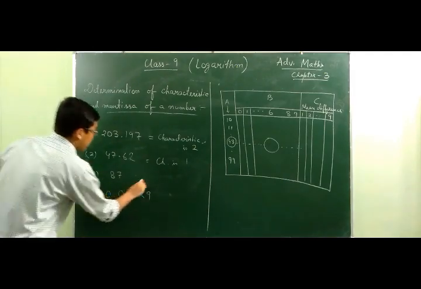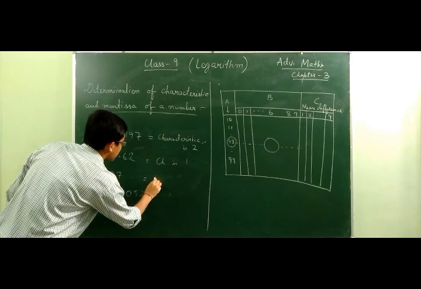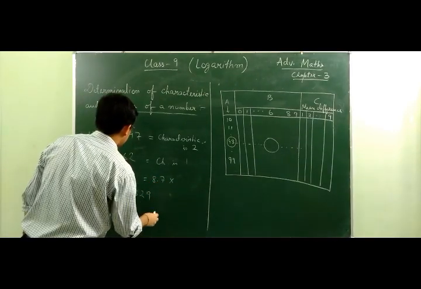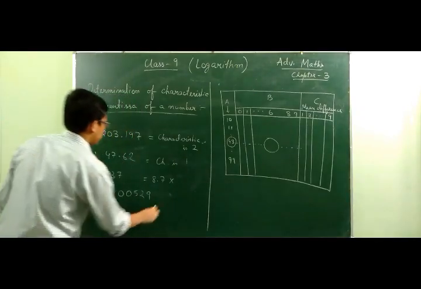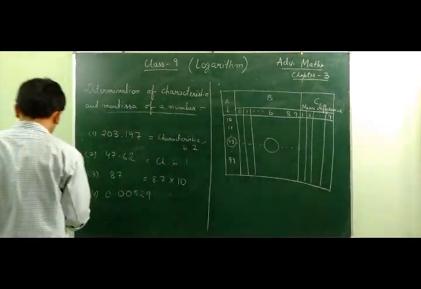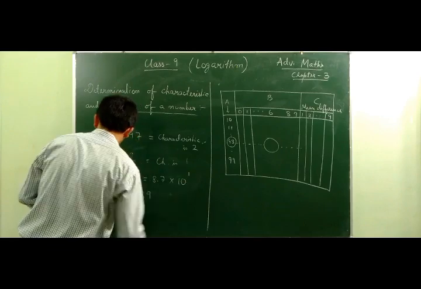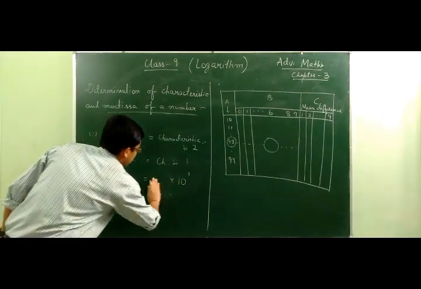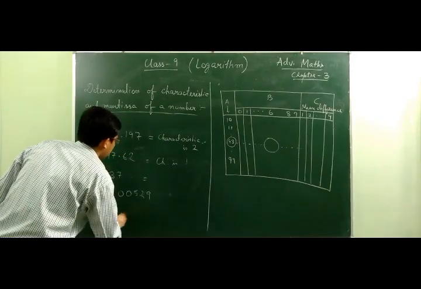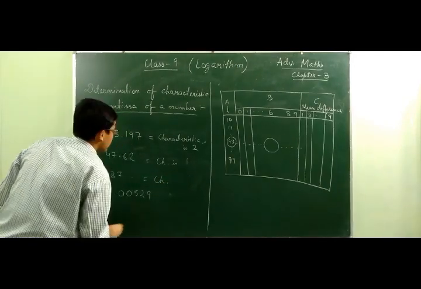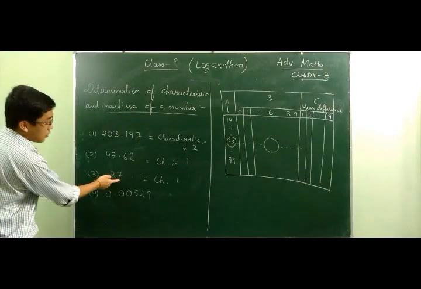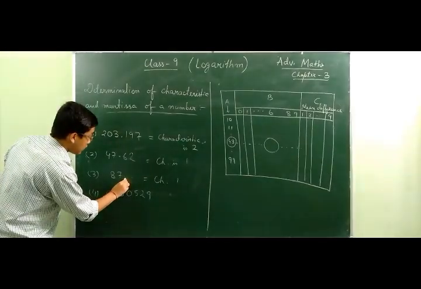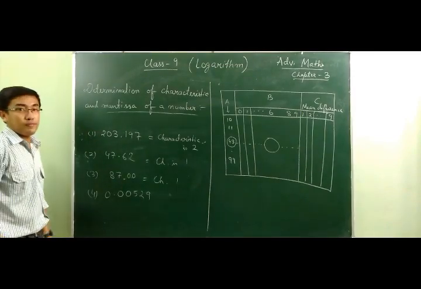Similarly, for this number, I can write it into 10 to the power 1 here again. The power is 1, so here also the characteristic is 1. You can see that this number 87 doesn't have any decimal point, but I can consider it as 87.00 also.